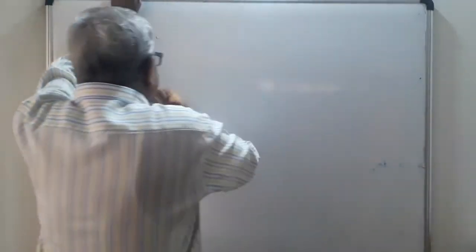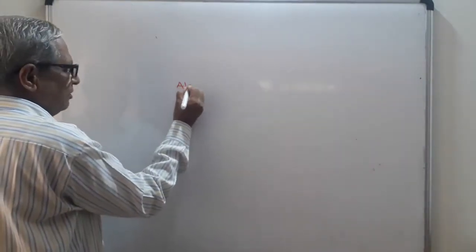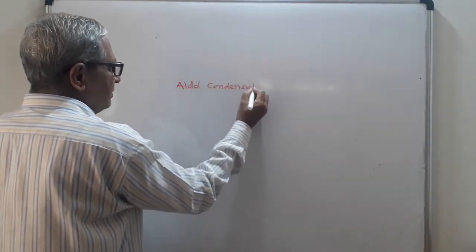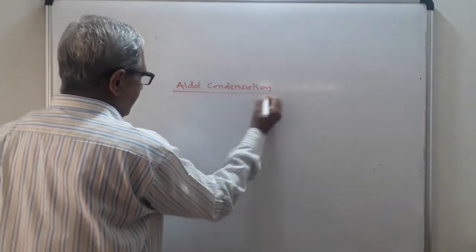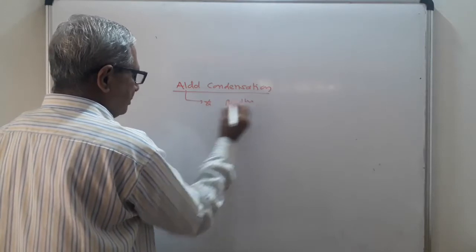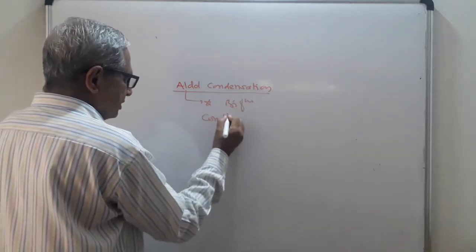So take a brief revision on the aldol condensation. It is a very important reaction, aldol condensation. First thing, we should know the meaning of aldol. It is a bifunctional molecule. Second thing, we should know the condition.